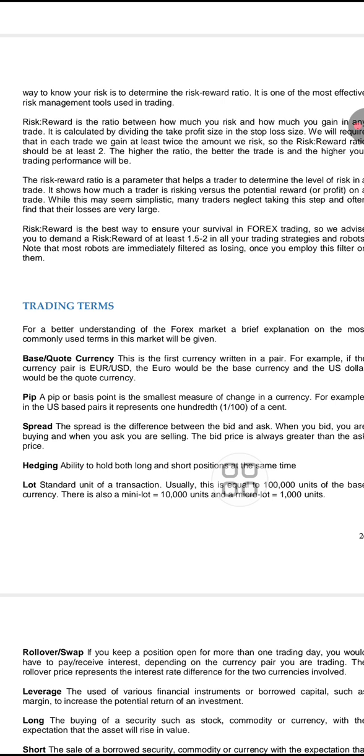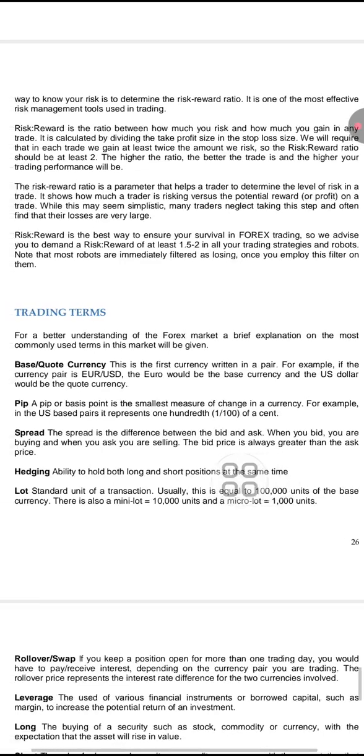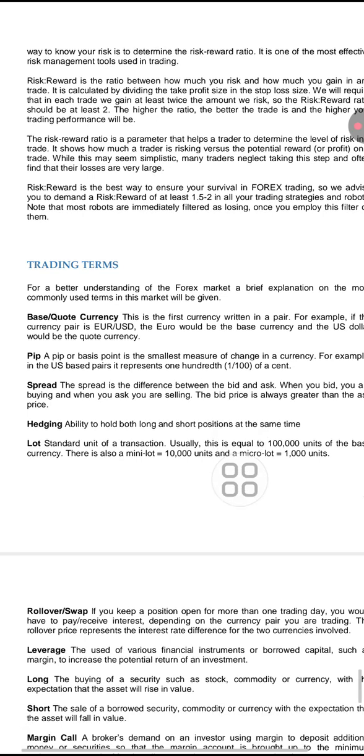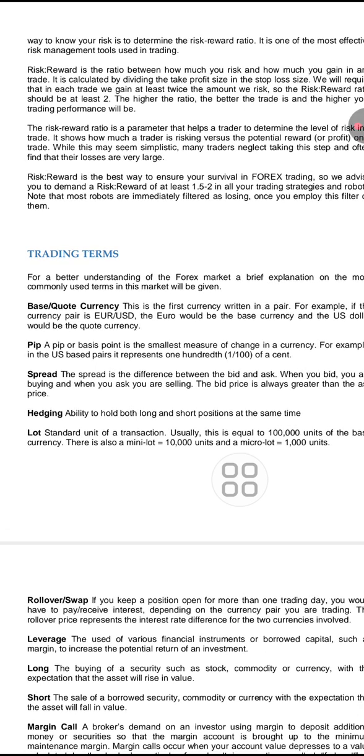A pip is a base point, or the smallest measure of a change of a currency. For example, in the US base pairs, it is represented by 1 over 100 of a cent. With time, you understand what a pip is. It's just the smallest measure of the change of the currency.